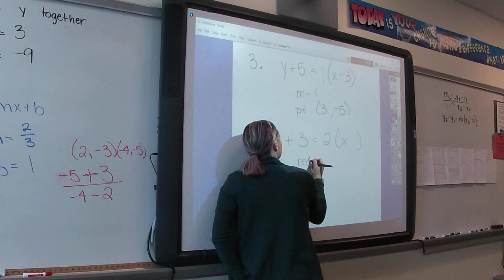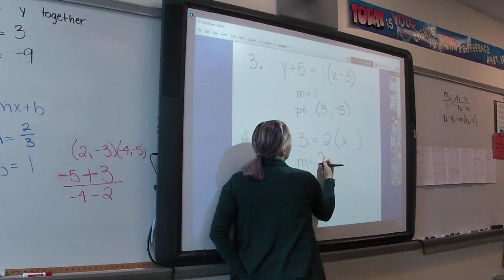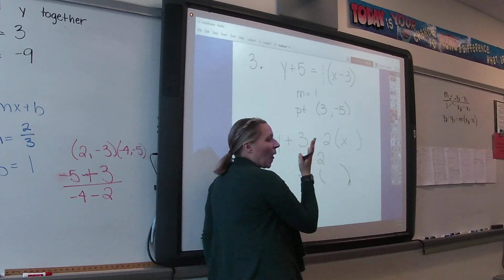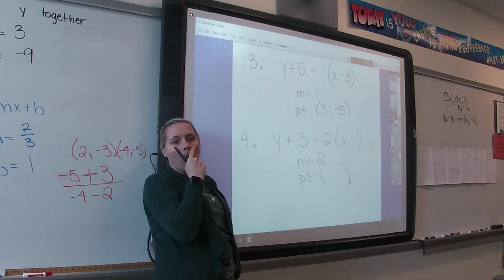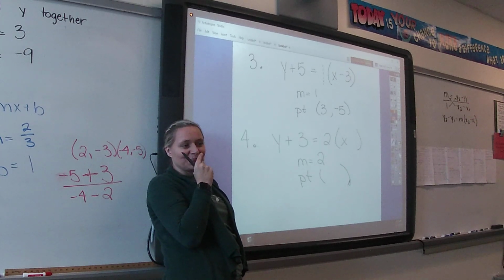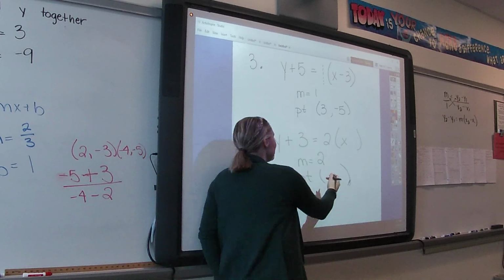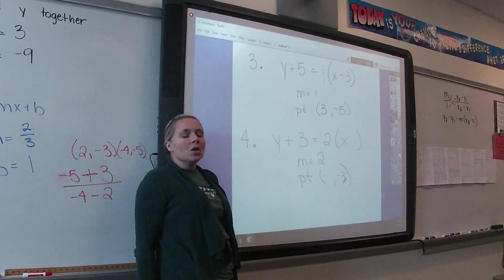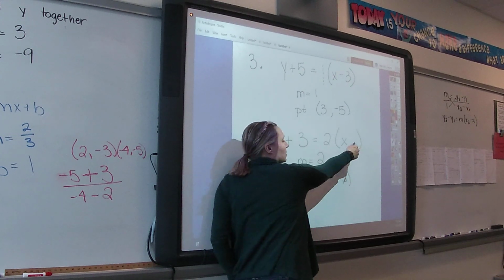What does that equal? 1? 2? Would it be -1, or would it be 0? So it sounds like we're okay with this one being a -3. Yes, check. -3. What number is missing here?